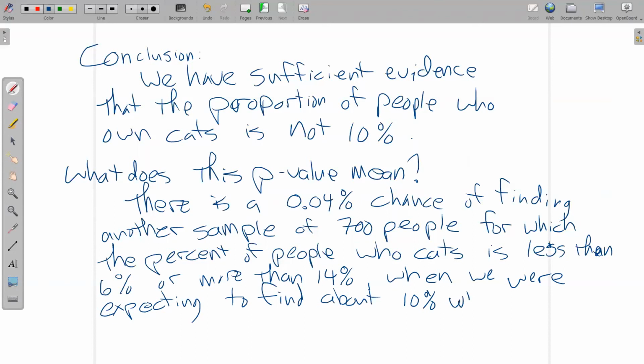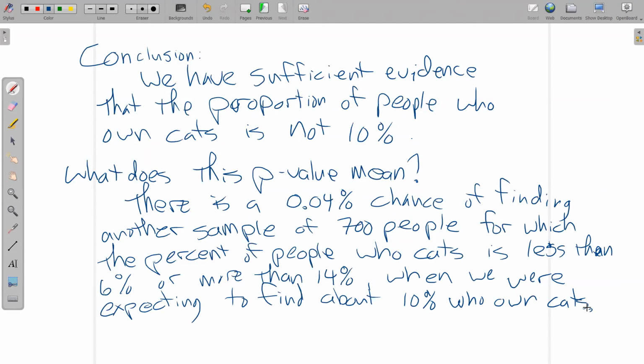Who own cats. All right, let me read that, make sure I got it right. There is a 400% chance of finding another sample of 700 people for which the percent of people who own cats is less than 6% or more than 14%.